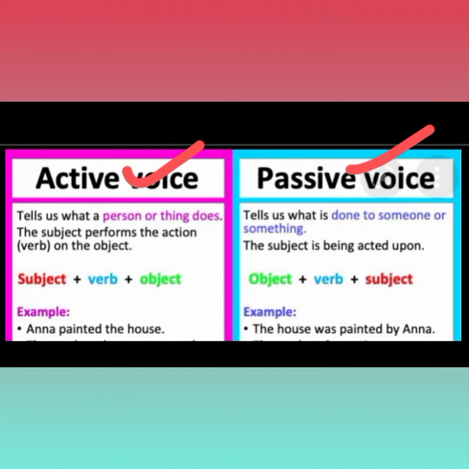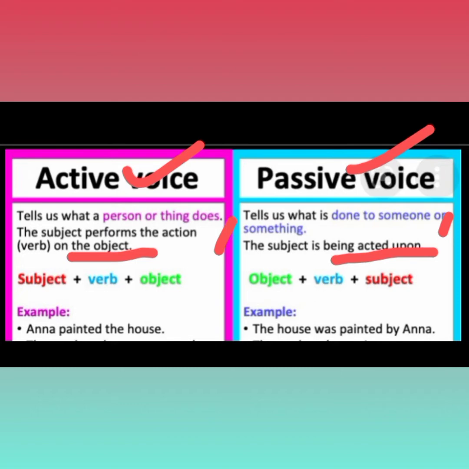Okay, so active voice tells us what a person or thing does. So the subject performs the action on the object. Okay, clear? And the passive voice tells what is done to someone or something. So that means the subject is being acted upon.